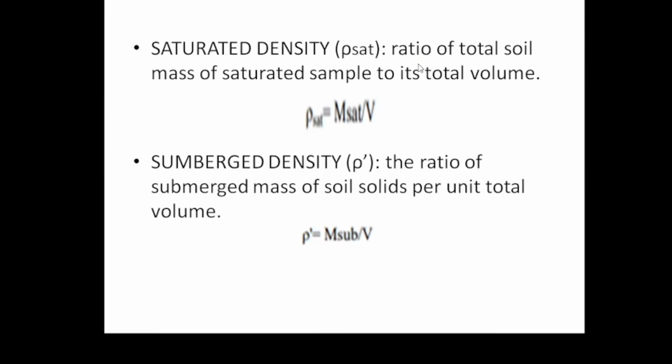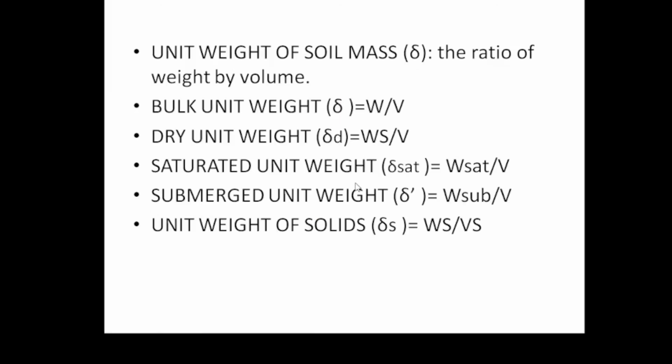Remember, density was denoted by the letter rho, and unit weight is denoted by the letter gamma, which is nothing but the ratio of weight by volume. Bulk unit weight, weight by volume. If you remember, density is expressed in terms of mass, and unit weight is expressed in terms of weight. The other things remain the same.